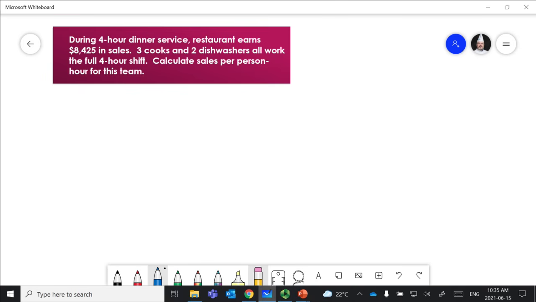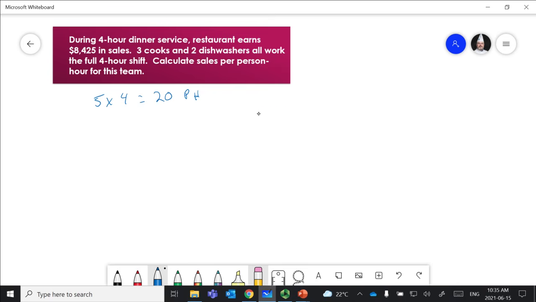Not how many people are working, but how many hours of labor are you paying if you own this restaurant. So we have 3 cooks and 2 dishwashers, so we have 5 employees and they're all working 4-hour shifts. Times 4 is going to give us 20 person hours, right? Because we had 5 people, each worked a 4-hour shift. So 5 people times 4 is going to give us 20 hours.